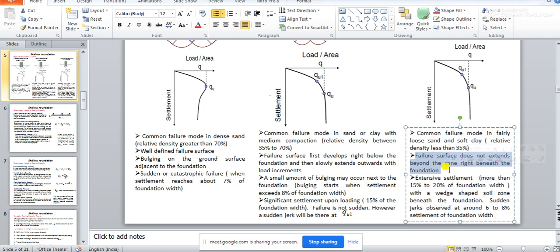You see, there is no extension like in local shear failure or general shear failure. The failure surface is just below the foundation. So the failure zone is just confined within the width of the foundation in a wedge shaped manner.